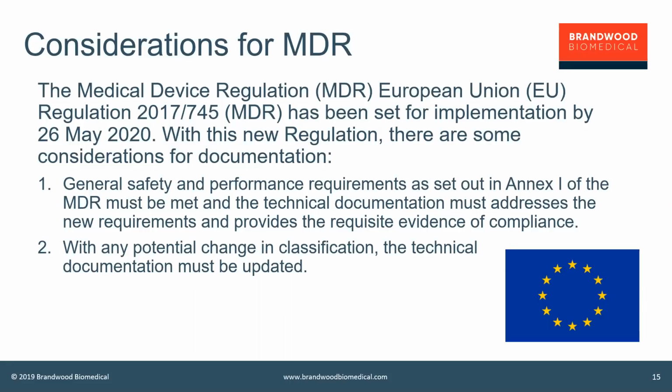So the example that I'll point out here is if you had a class 1 device right now that was self-declared, that you had internal documentation, but you were happy with the content and you felt that it supported that level of risk, you need to then reassess that and really drive into the details as to, is this enough? Do I need to bolster my technical file to have additional considerations for the new classification?